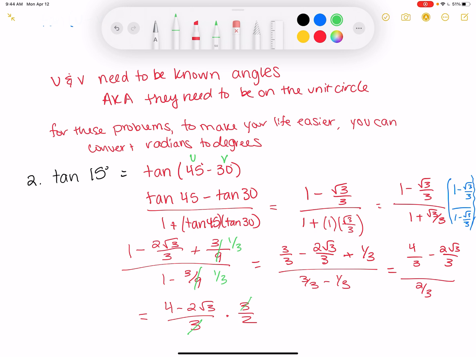And what else do you see that I can do? I can take a 2 out. Both of these pieces have the ability to take a 2 out, so I can remove the 2. If these didn't both have a factor of 2, I could not do this. So that one's going to go away, and this one is going to now be 2. So my final answer will be 2 minus the square root of 3.